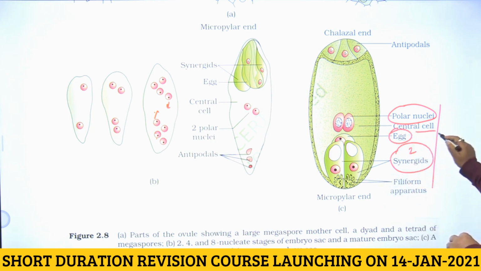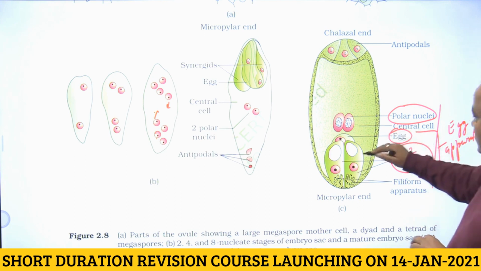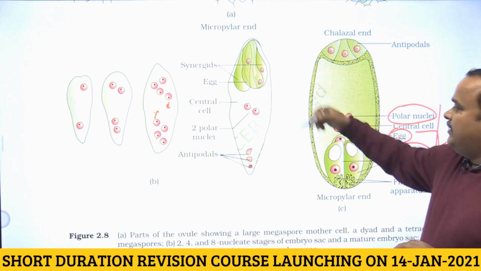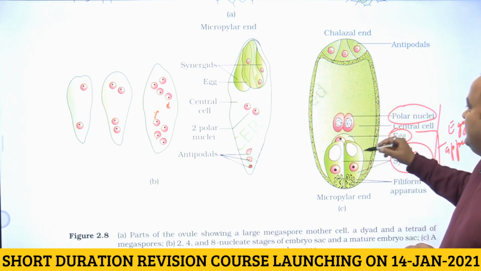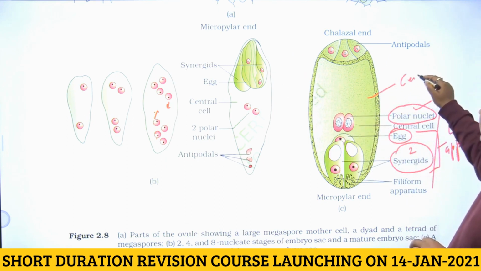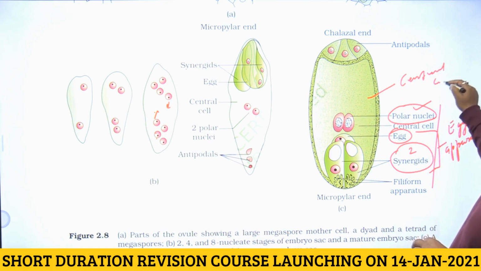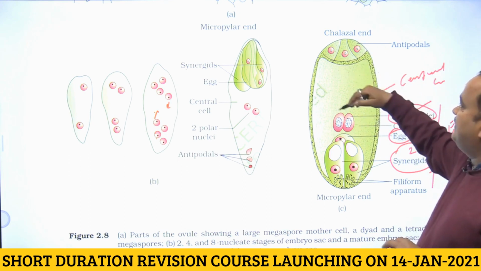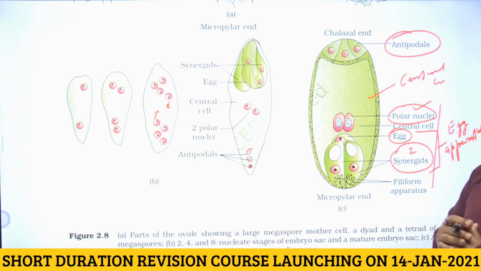So egg and synergids together form the egg apparatus. Then one from the micropylar end and one from the chalazal end migrate to the center to form polar nuclei, and this is the largest cell, referred to as the central cell. Then the 3 which are present towards the chalazal end organize themselves to form the antipodal cells.